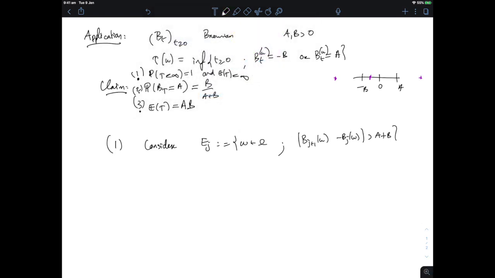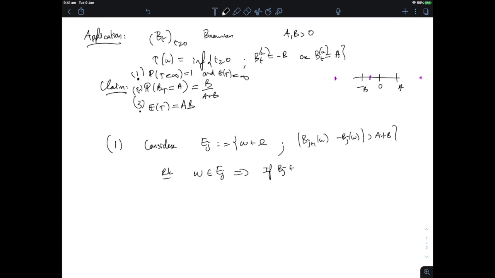So, remark: omega belonging to E_j implies that if the Brownian motion was in the interval (minus B, A), then it's not.